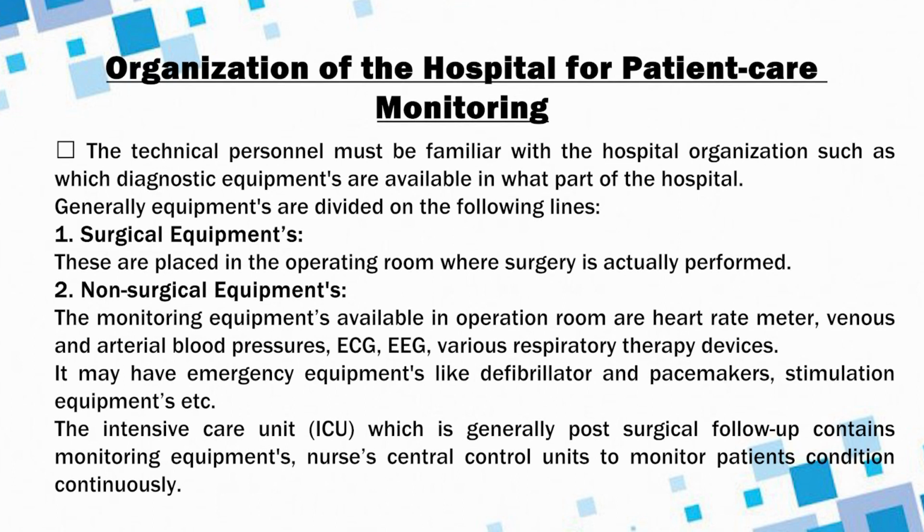It may have emergency equipments like defibrillator and pacemakers and stimulation equipments, etc. The intensive care unit, which is generally post-surgical follow-up, contains monitoring equipments, nurse central control units to monitor patient's condition continuously.